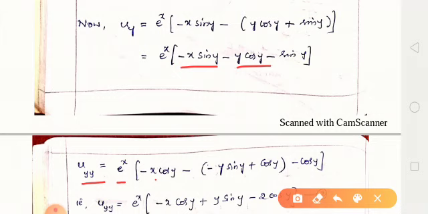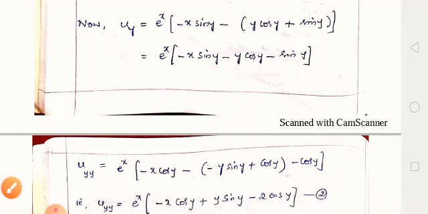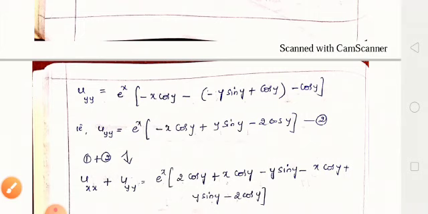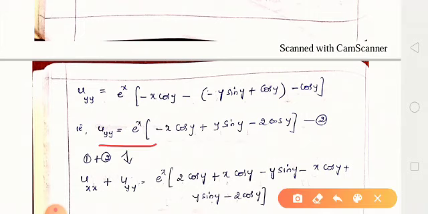We are differentiating with respect to y. So y into the derivative of cos y is minus sin y, plus the derivative of y is 1 into cos y as it is, and the derivative of sin y is cos y. On simplification, we get uyy equal to e^x into minus x cos y plus y sin y minus 2 cos y. Take this as equation 2.